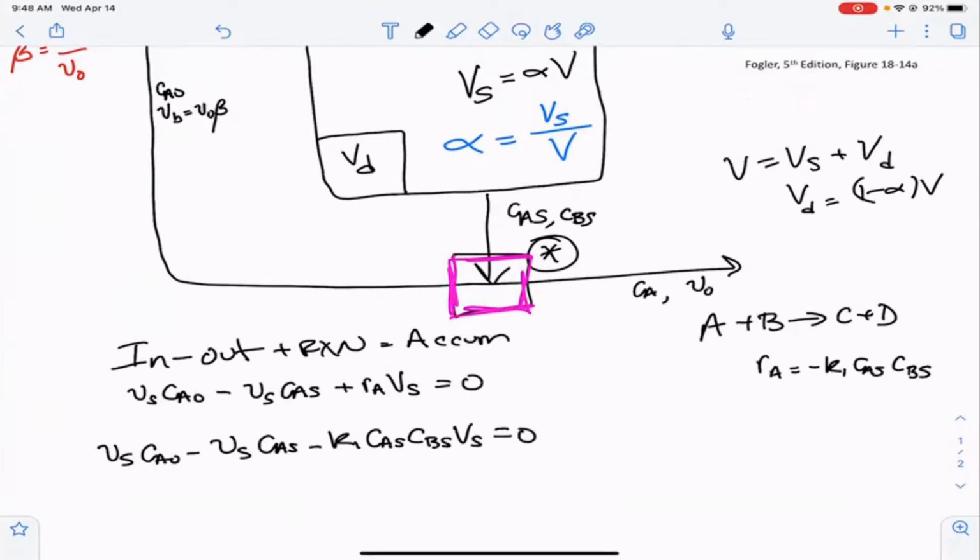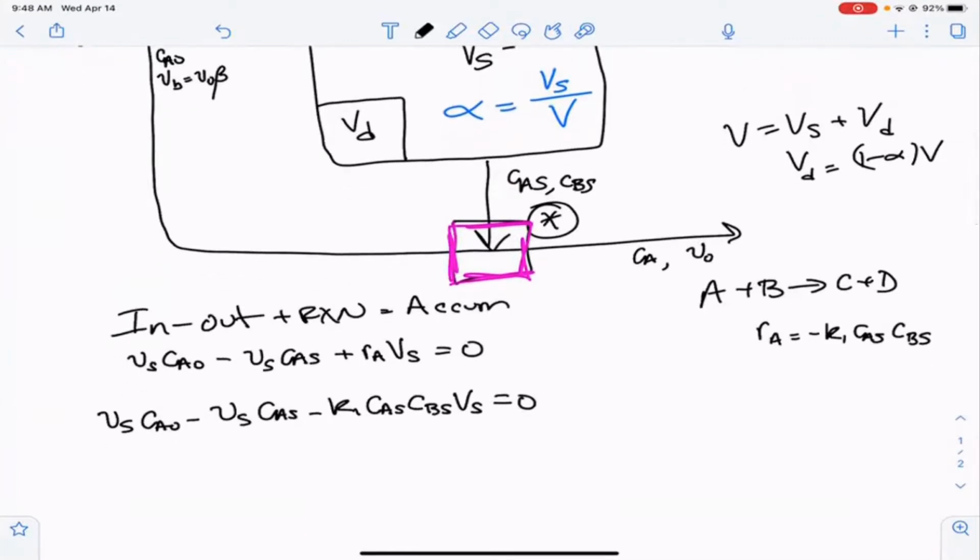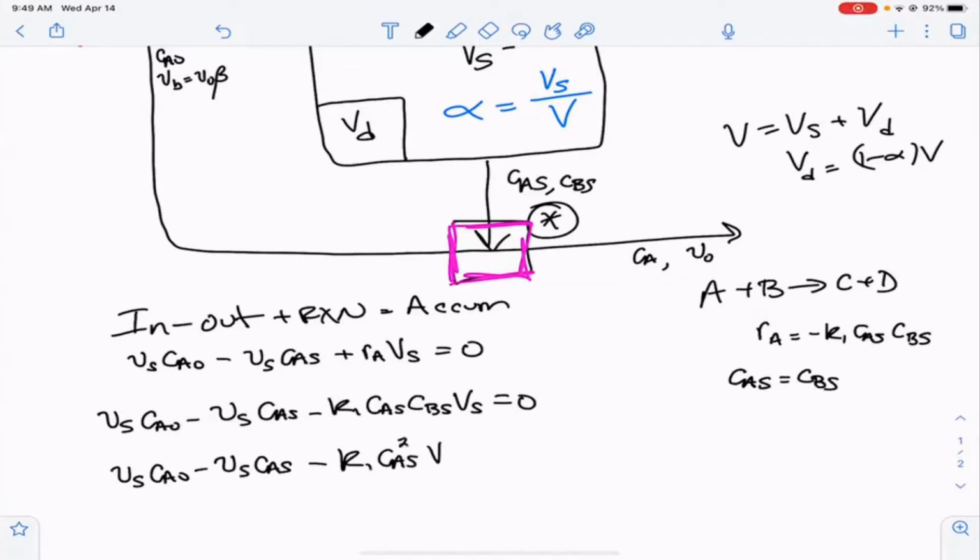Now, interestingly, in this problem, we're equimolar and we have a stoichiometry equal to 1. So no matter what we do in this problem, CAS is going to equal CBS. And that means that we can say that this is VS times CA0 minus VS CAS minus K1 CAS squared times VS is equal to 0.